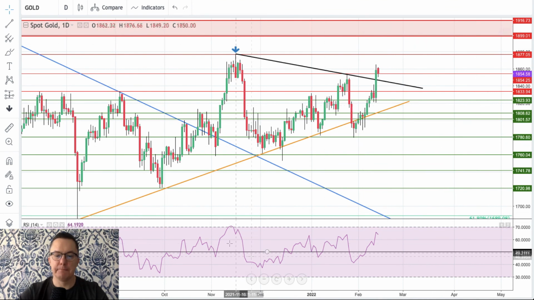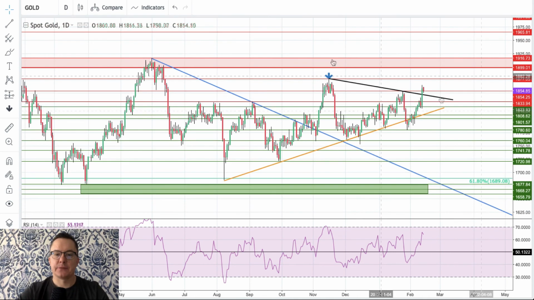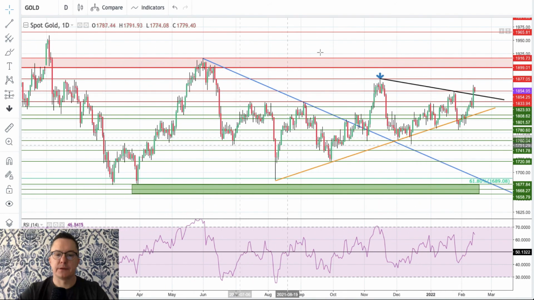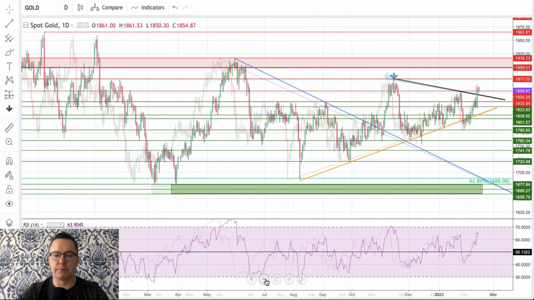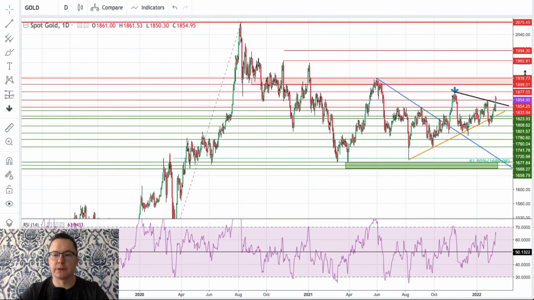1916 supply zone. Of course, this is the high of the middle of 2021, 1916. So this pattern here might be just the beginning of a big spike on gold that is coming soon.